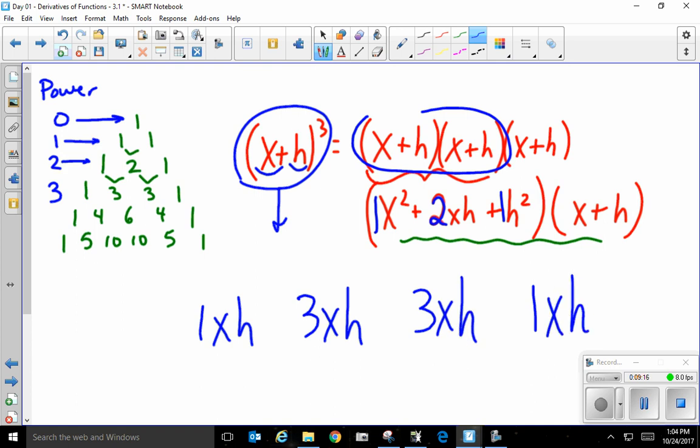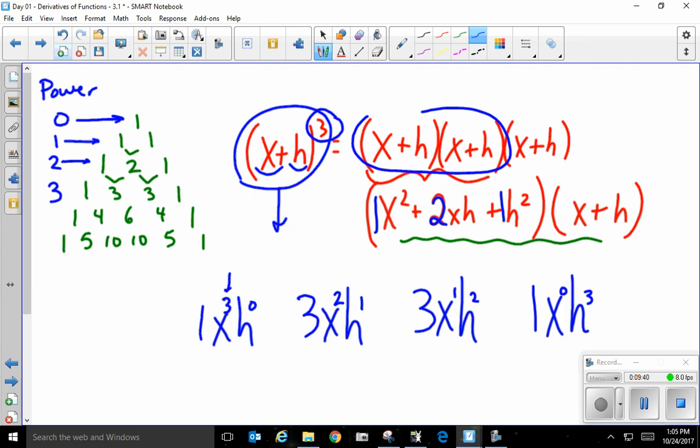Then the x starts at 3 and goes down, 2, 1, 0. Then the h just goes the opposite way, 0, 1, 2, 3. Either way, they should add to 3, because the exponent is 3.